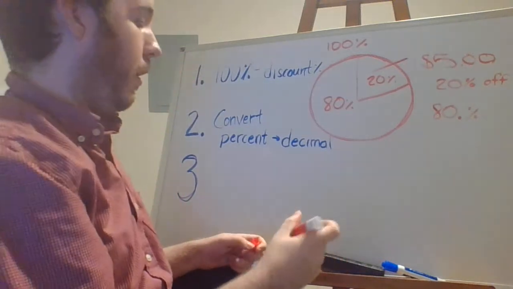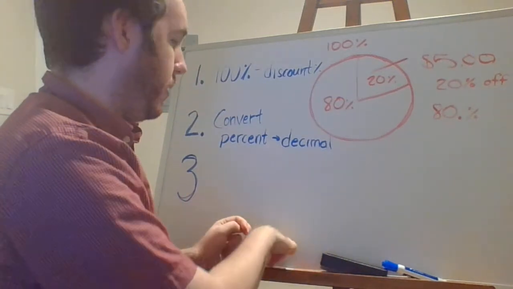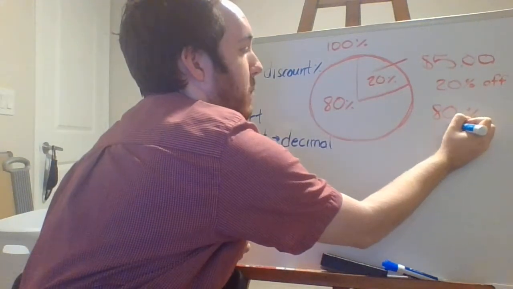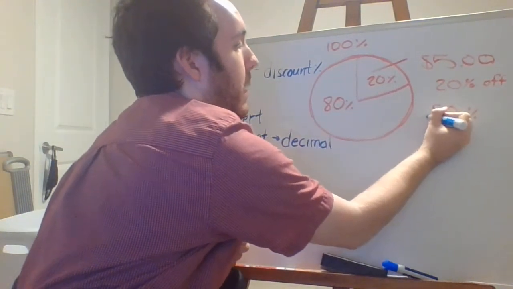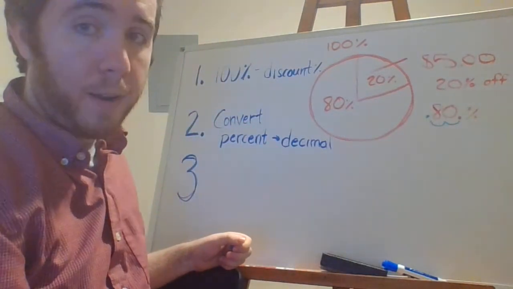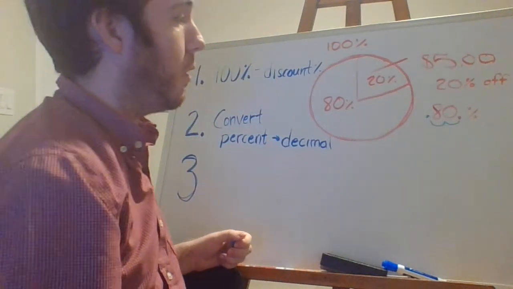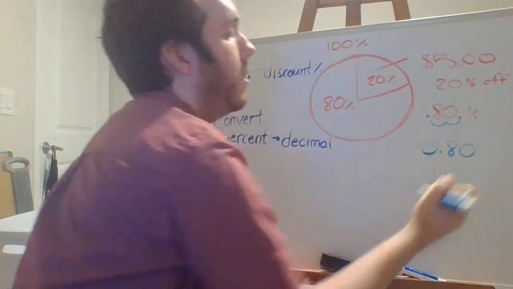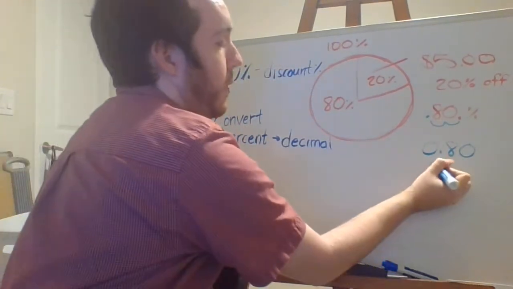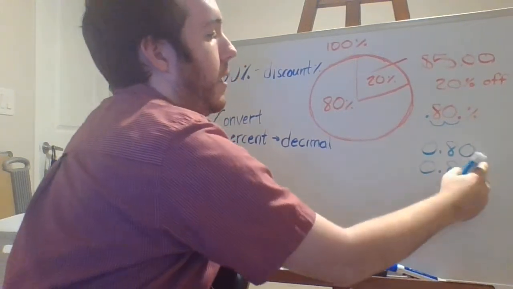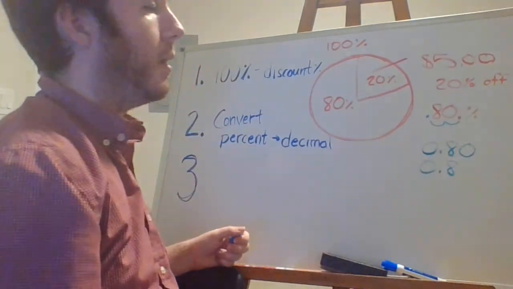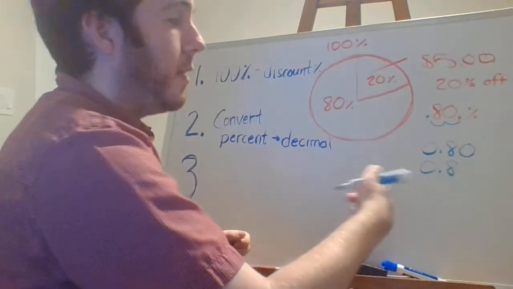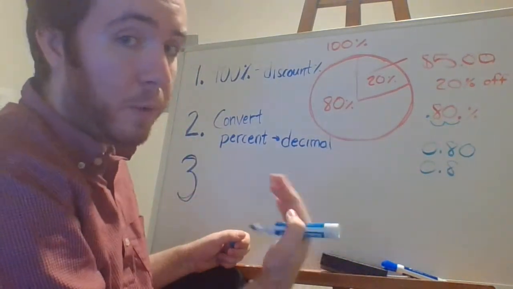When we convert a percentage to a decimal, all we do is you just make that decimal hop to the left 2 spots so that it's sitting in front of our number. So 80% will become 0.80. Now, we can also write, if we like, 0.8. Any zeros that are hanging on the end, we don't need. But it's not going to hurt your math to leave the 0 in. It's just a thing we can do if we choose.